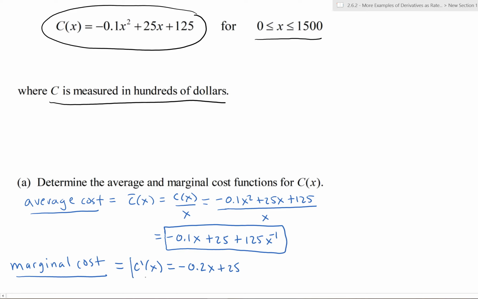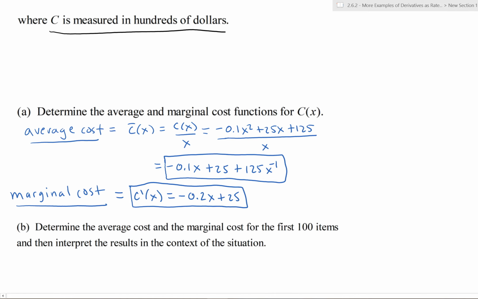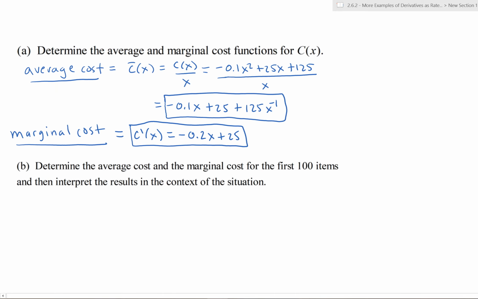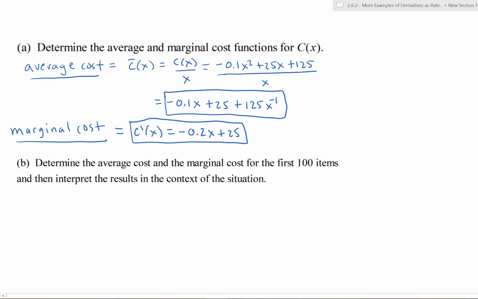So there's my marginal cost function. So we found them. Now we should do stuff with them, right? Now we're asked to find the average cost and the marginal cost for the first 100 items that are produced here, and then think about interpreting what that really means in this situation.